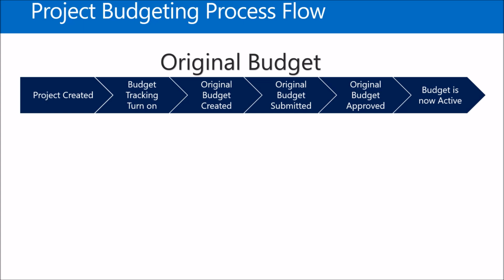Once budget tracking is turned on, you have to go into the budgeting form and create your original budget. Once you create your original budget and add all the lines that you want, you submit your budget to workflow, and workflow handles it from there. It will send it to the appropriate approvers, and once your budget is approved, your budget is active.